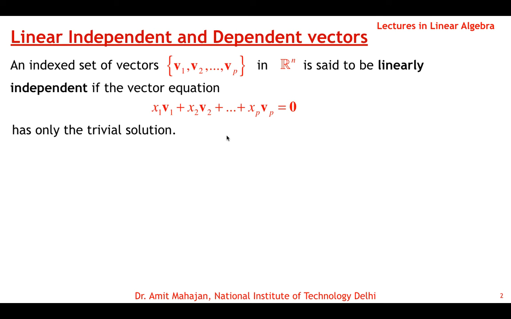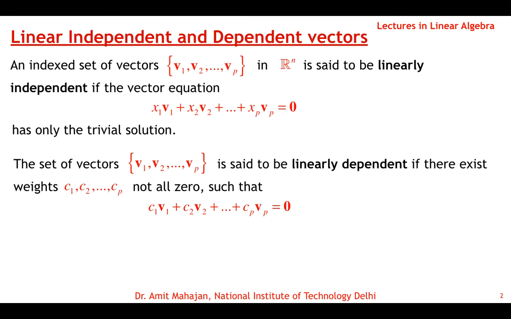On the other hand, the set of vectors v1, v2, vp is said to be linearly dependent if there exist weights c1, c2, cp not all 0 such that this equation holds. So it is a similar equation, but written with weights c1, c2, cp not all 0.